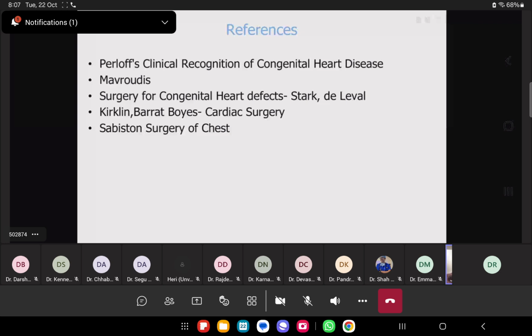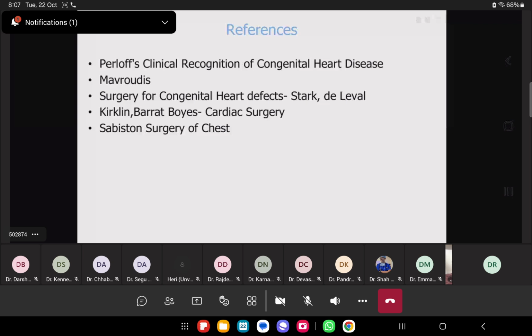How many cases of TAPVC have you seen? Sir, 3 cases I have seen. What were they? Supracardiac, intracardiac? Supracardiac and cardiac, sir. Okay, so at least you have an idea, because otherwise most of it would have been theoretical.